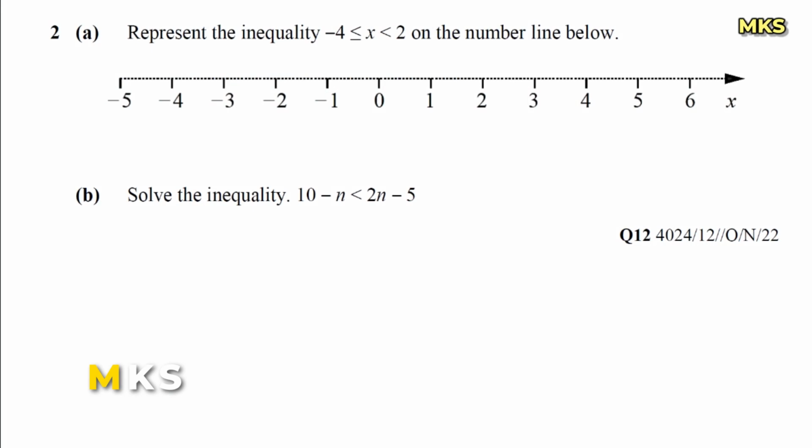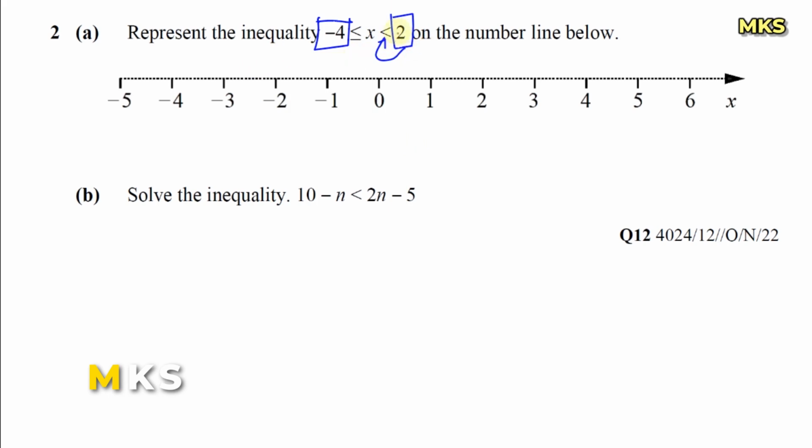The next worksheet is from October-November 22, paper 1-2. In part A, we represent the inequality minus 4 less than or equal to x less than 2 on the number line below. The inequality itself has 2 boundaries. The range is starting from minus 4 and ending at 2. 2 itself is not included because x is less than 2.